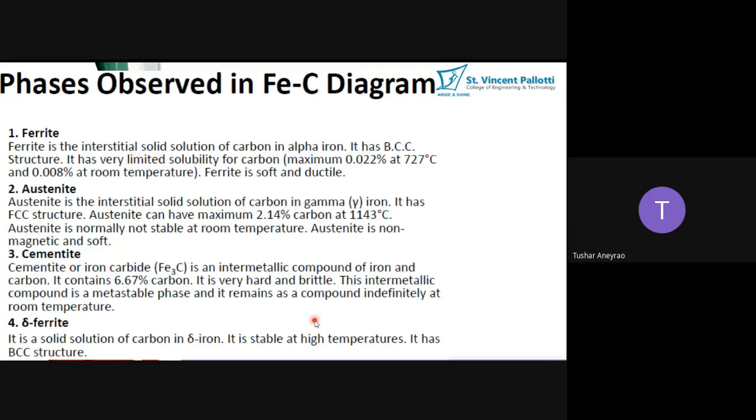Means the carbon atoms are going into the interstitial space between the iron atoms. At those recesses, the carbon is getting deposited and forming different kinds of phases here, right?